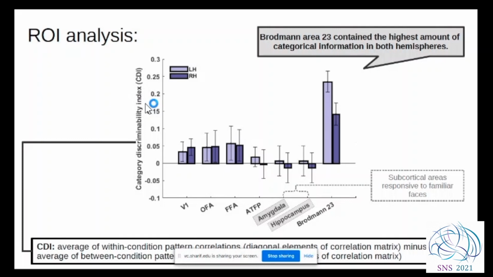So the bottom line is that no matter how you define pattern information, only Brodmann area 23 contained information about familiar face subcategories.